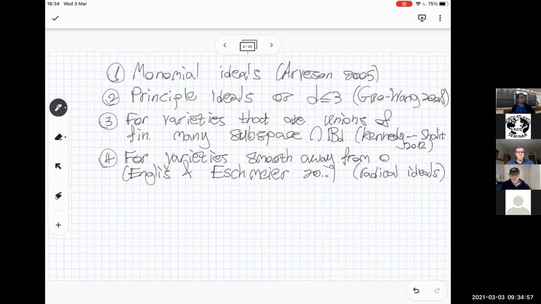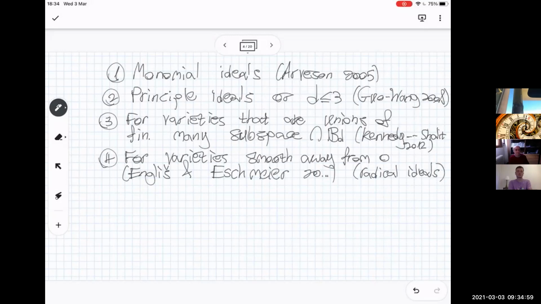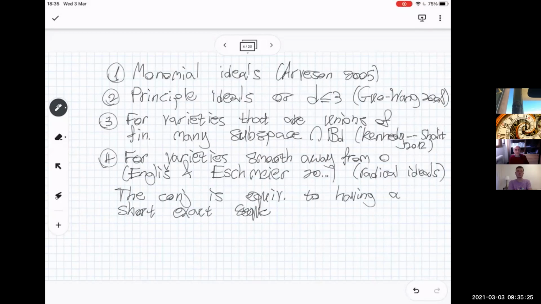Okay, and so I want to look at this conjecture. This is sort of my starting point. I'm interested in this conjecture, and I want to know how I can reformulate it in a way that generalizes to other contexts. So the conjecture is equivalent to having a short exact sequence like so.